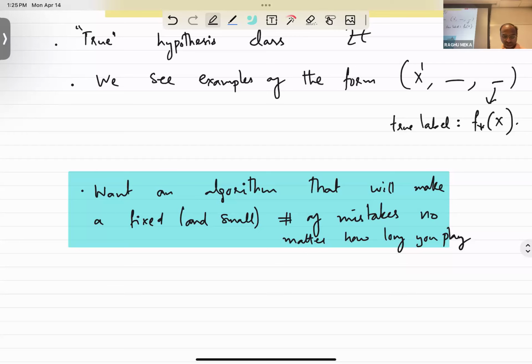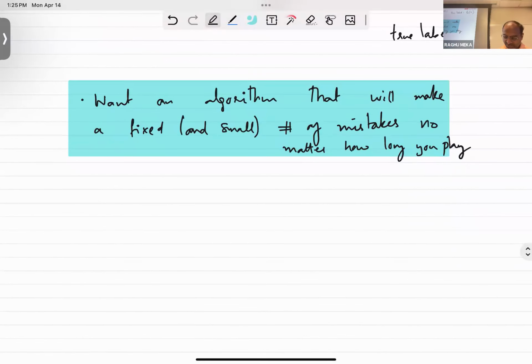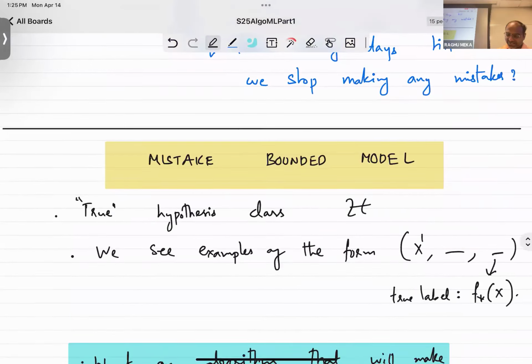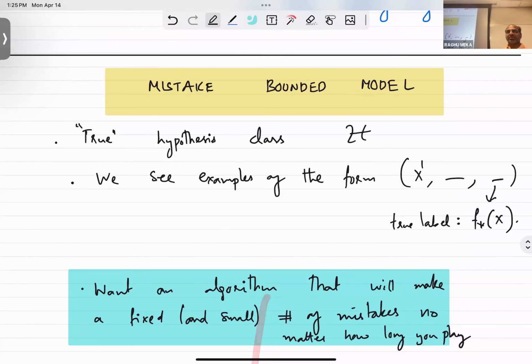These are called mistake bounded algorithms. There is some underlying true hypothesis class, and there's a true function which is giving the true labels. I don't know what that is, but over time I'm just going to make a finite number of mistakes. Finite you can also quantify, like maybe 10, 100, whatever it is, depending on the dimension.